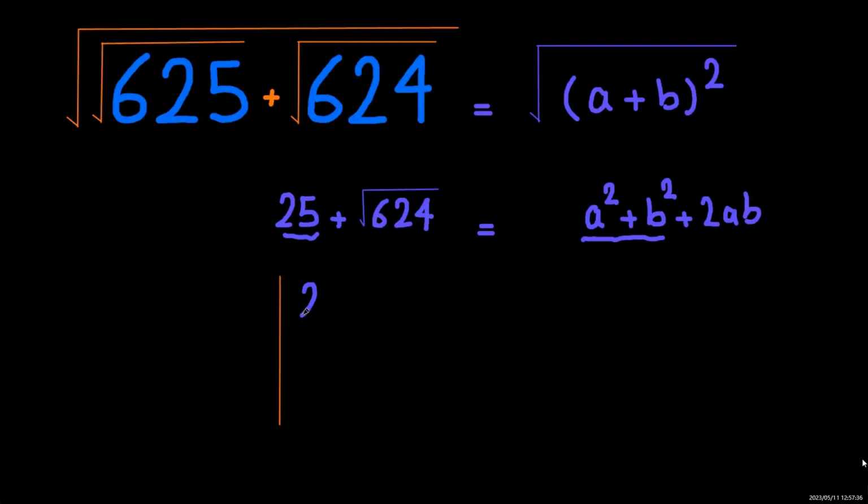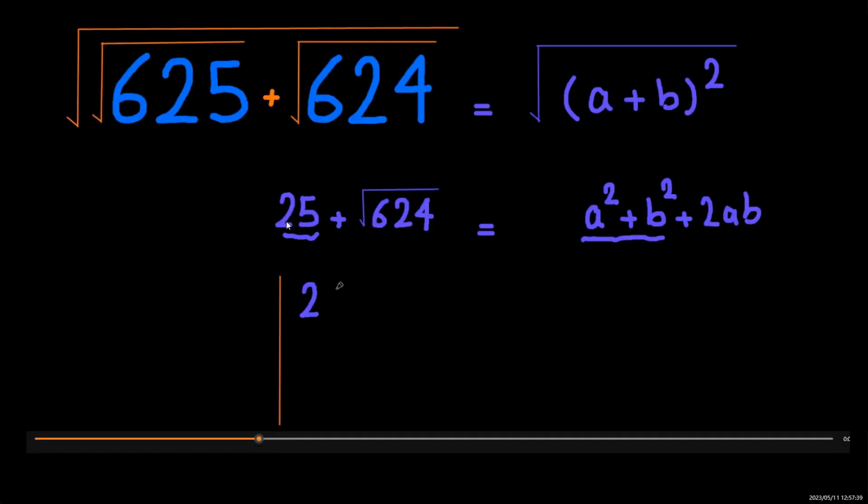Now, we will assume that this 25 is the same as a squared plus b squared, and the square root of 625 is the same as 2ab.